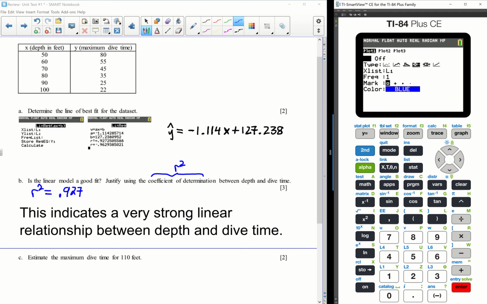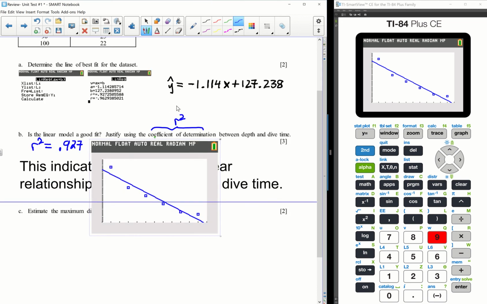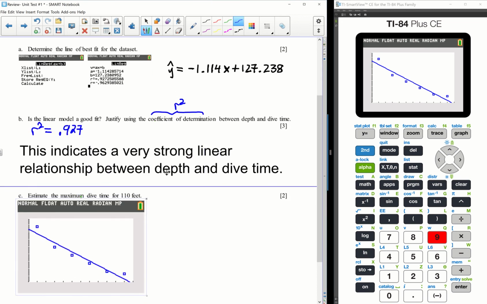So I'll change my plot to a scatter plot. L1, L2 is the default. Zoom, stat, zoom 9. So that's my graph. It's pretty consistent with everything else that we did here.